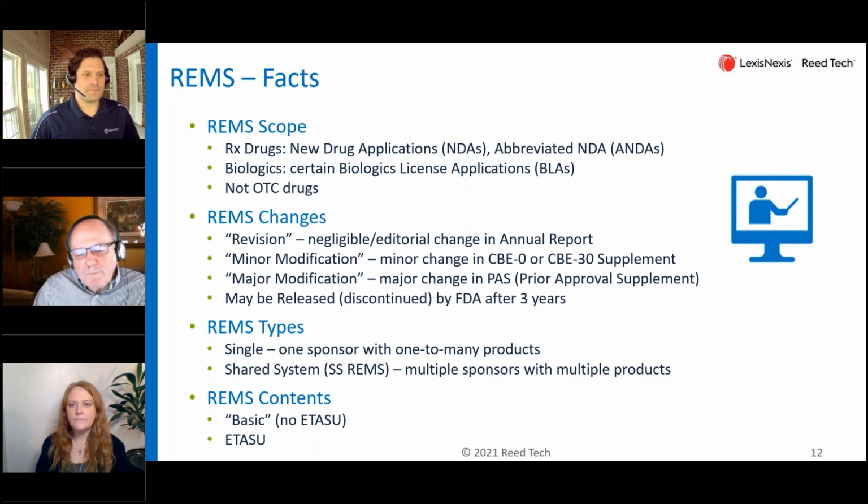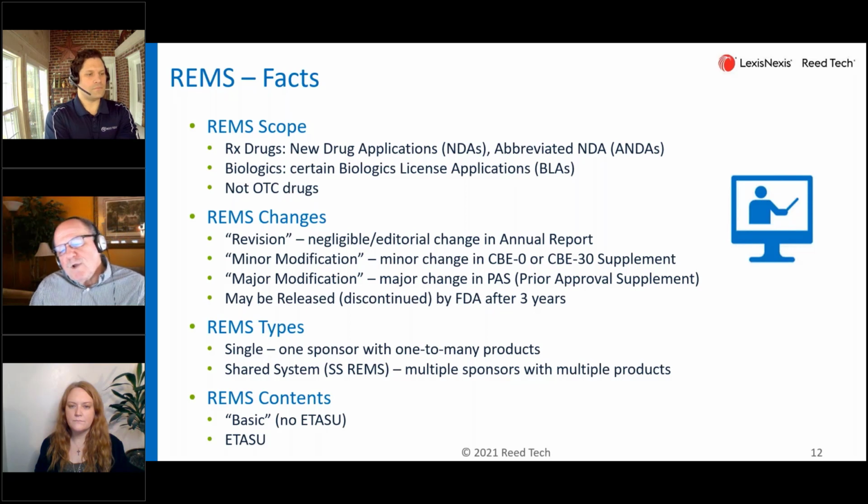There's a number of REMS that are single REMS, meaning there's a single sponsor. Now, that could have multiple products in that particular REMS, but most importantly, it's a single sponsor, and that is carved out and referred to differently from a shared system REMS.